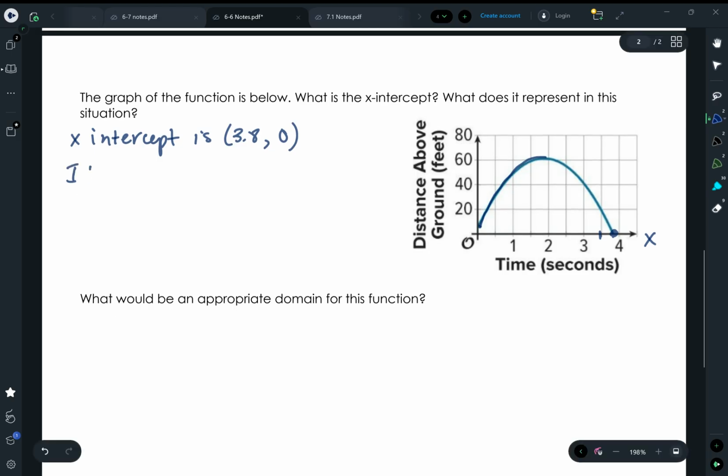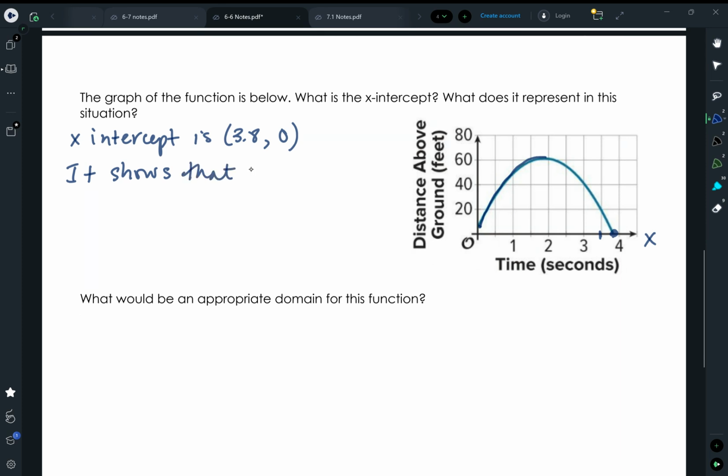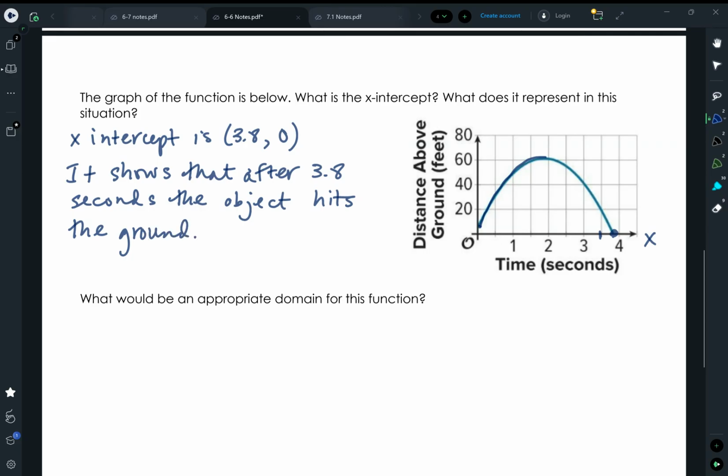It shows that after 3.8 seconds, the object hits the ground. And I mean, distance above the ground and feet and time, we've been doing all of these things where we're throwing an object up or something's happening. So I'm just going to assume that's what this one's about as well.